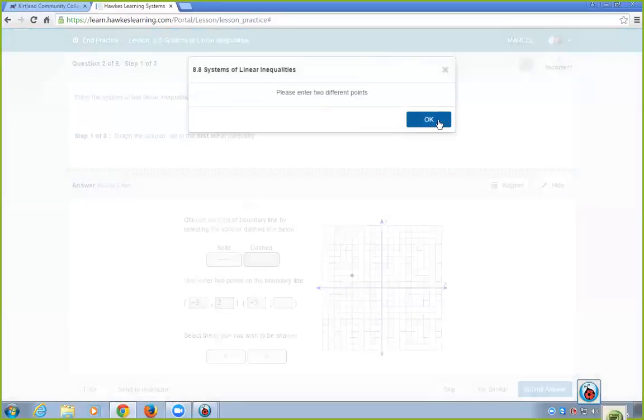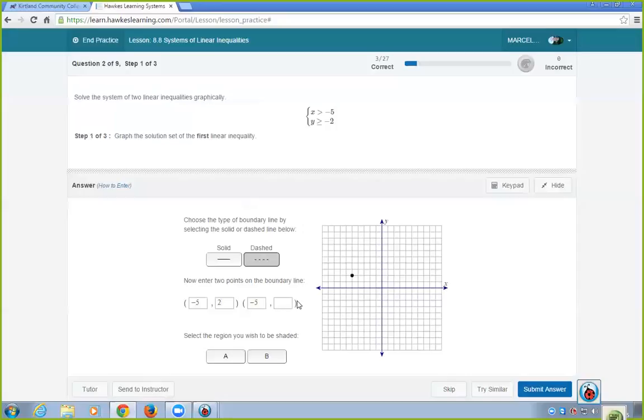Oops, I put the same number, I guess. And then I need to decide what side is shaded. So 0, 0 if you want your test point, or because it is greater than, I'd shade above the line, in other words. So I would pick A. But if you pick your test point 0, 0, 0 is greater than a -5, so we know we're going to shade A.